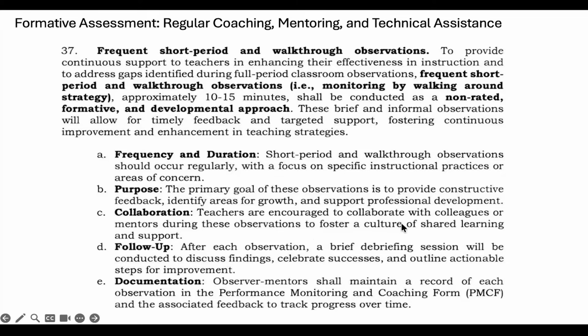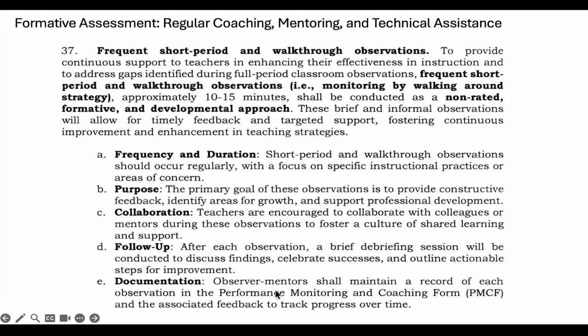Teachers are encouraged to collaborate with colleagues or mentors during these observations to foster a culture of shared learning and support. And of course, you do your follow-up. Do not forget this, because after each observation, a brief debriefing session will be conducted to discuss findings, celebrate success, congratulate them, outline actionable steps for improvement, and of course, for documentation.